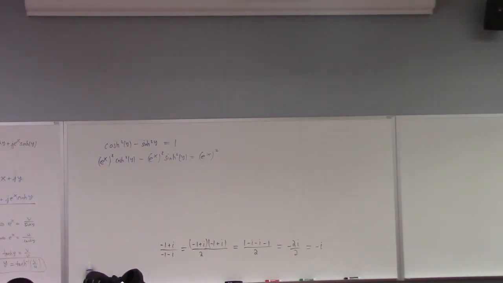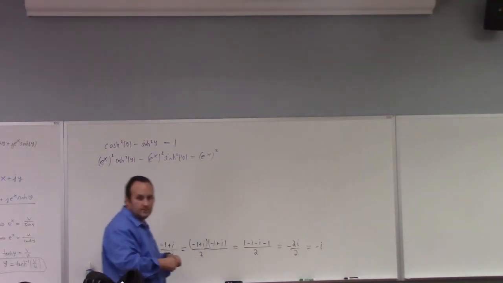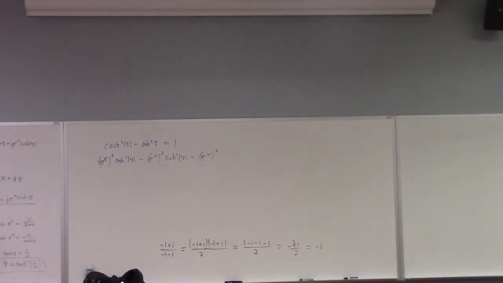So then you've got to remember where we started. We had v is that, and u is that. And the reason I multiply by e to the x squared is to make those turn into u's and v's. That's why I did that.